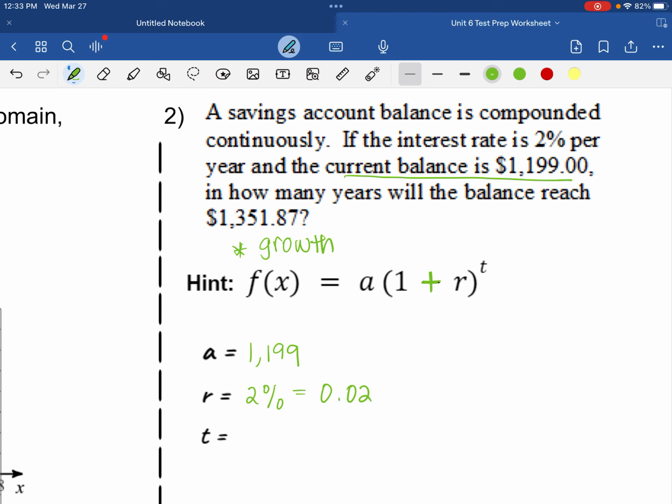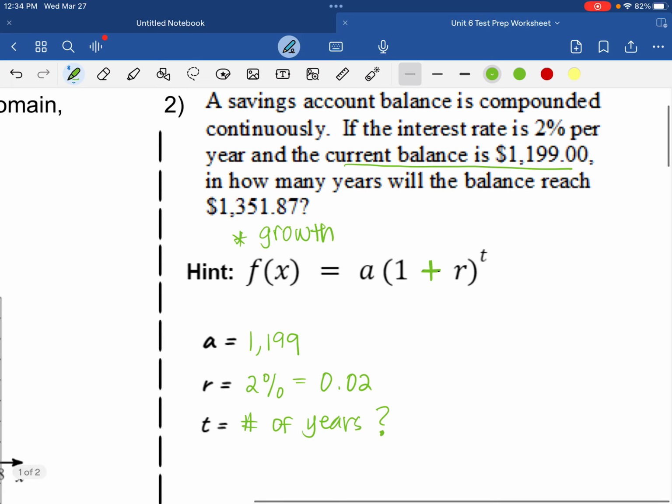T is for time, and time is number of years, which is unknown. And we also know one thing in here, which is also f of x. We're going to add that. And f of x is total amount. In this case, it is 1,351.87.